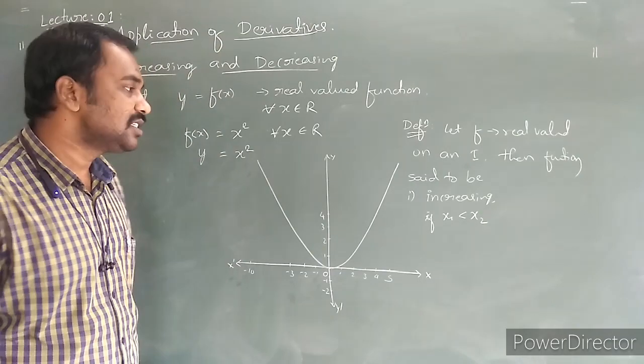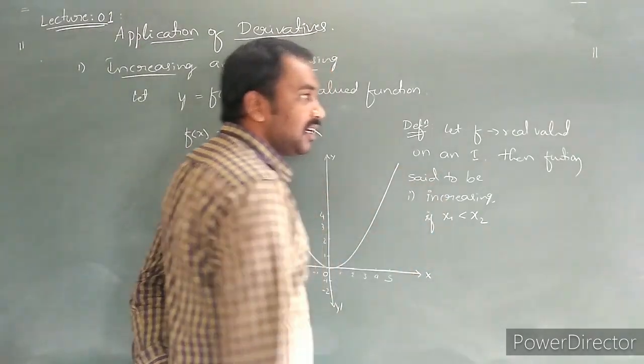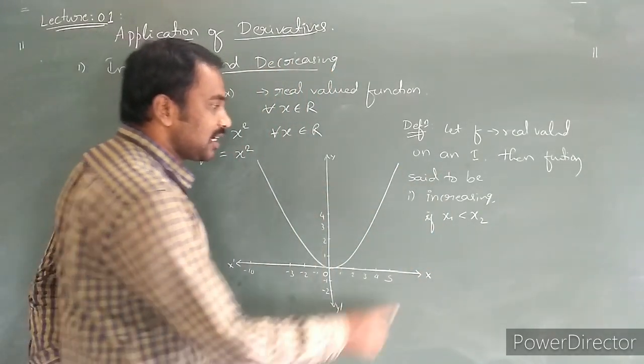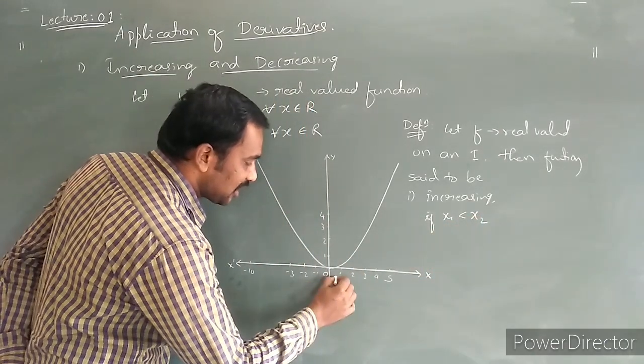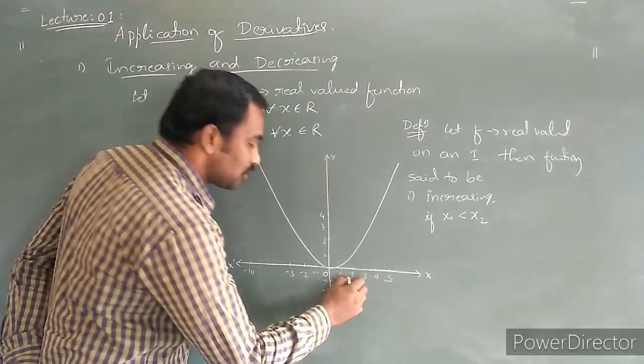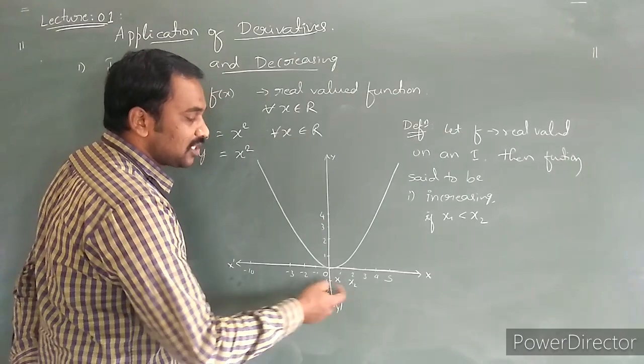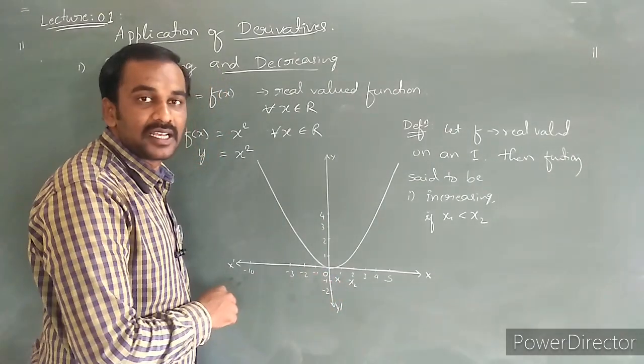Here, what are x1 and x2? Suppose I take 1 as x1 and 2 as x2. x1 is less than x2, 1 is less than 2.